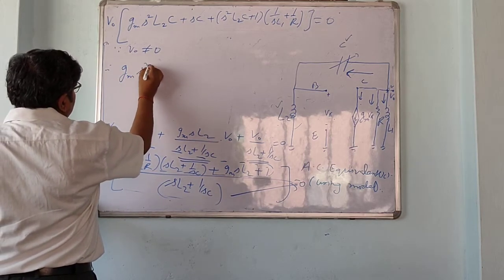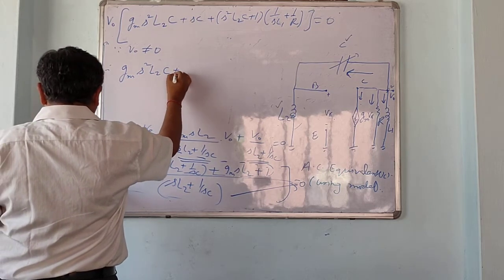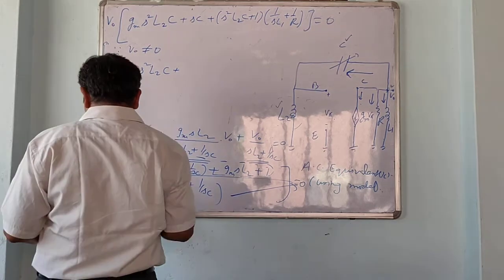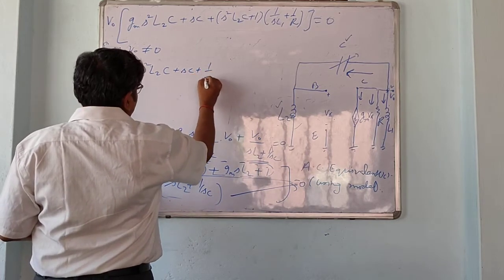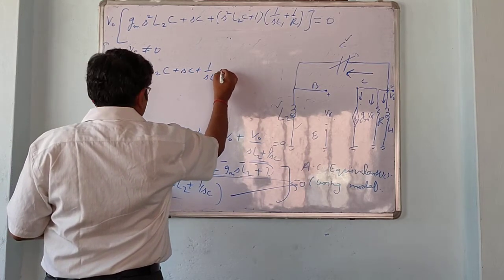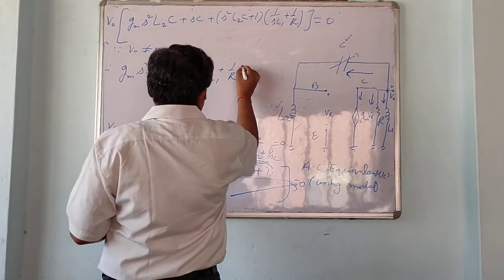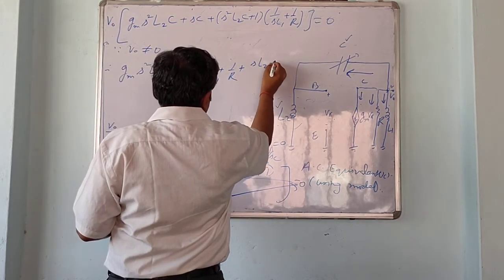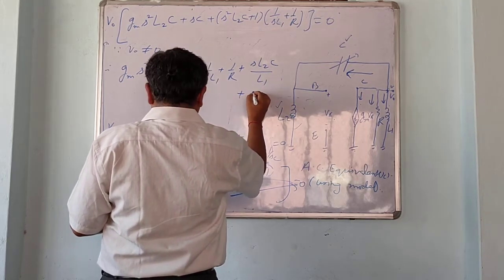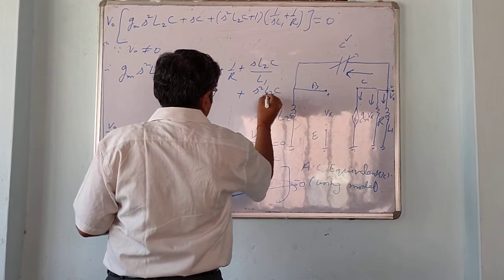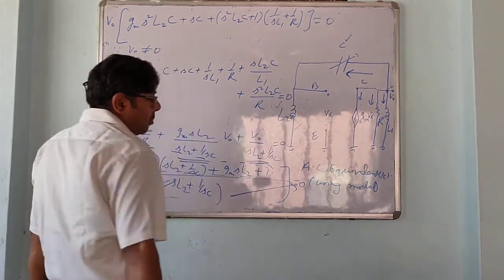So you can collect terms: first, L2C plus SC plus 1 upon SL1 plus 1 upon R, plus L2C upon L1 plus S square L2C upon R, equals 0.